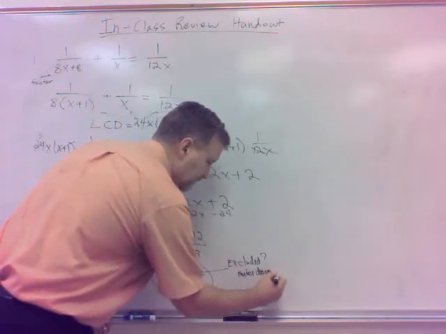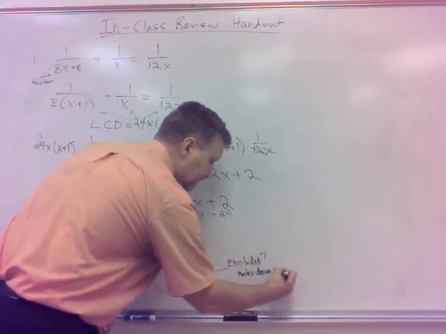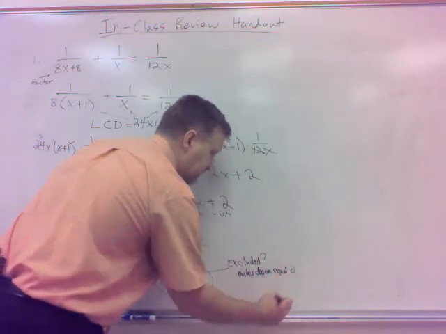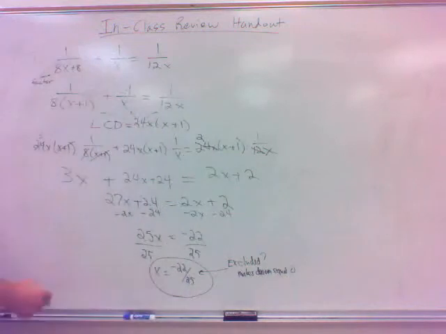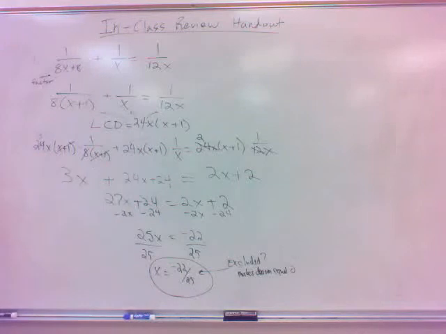I think we're safe with negative 22 25ths, but just to make sure, negative 1 would make this denominator 0. 0, of course, would make those denominators 0. So those would be excluded. Negative 22 25ths is not, so we're okay there. All right? Anything question-wise on that?